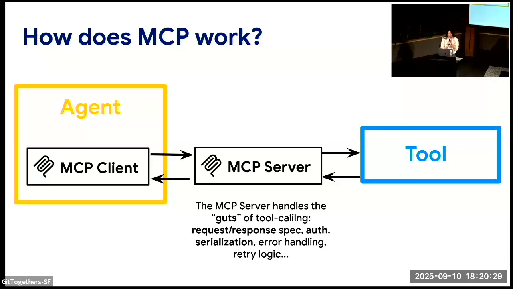So how does MCP work? Basically, when we talk about MCP, we usually have a client side and a server side. You don't directly fetch things from the MCP server; the MCP server connects to different tools.